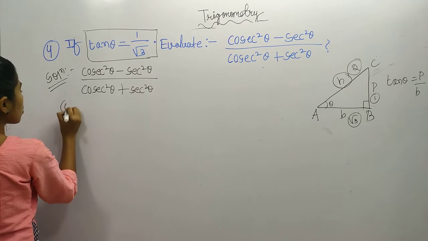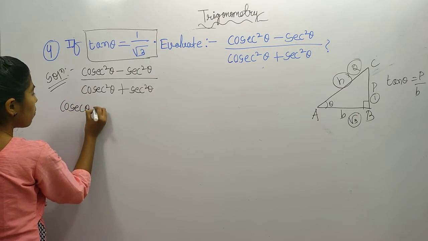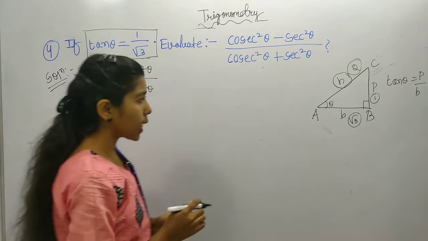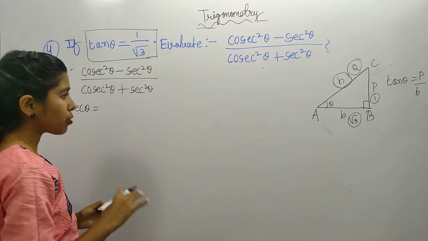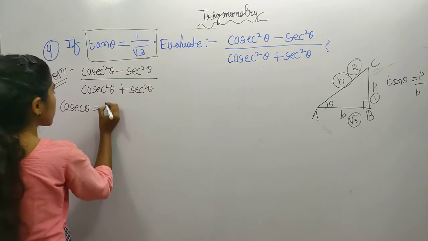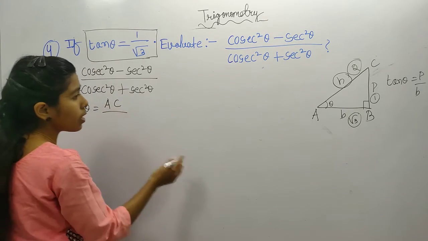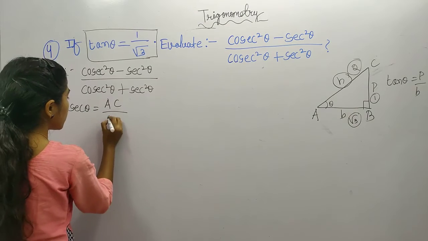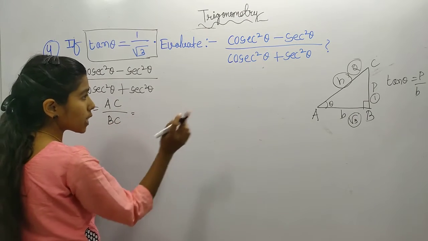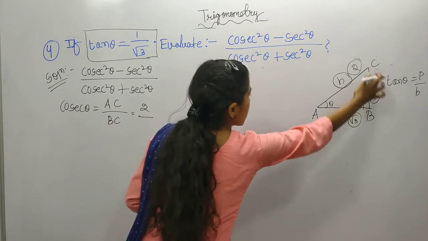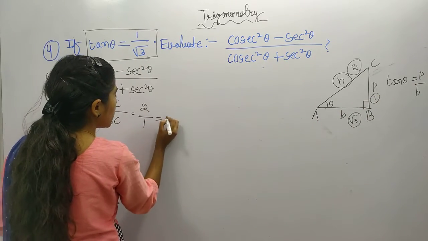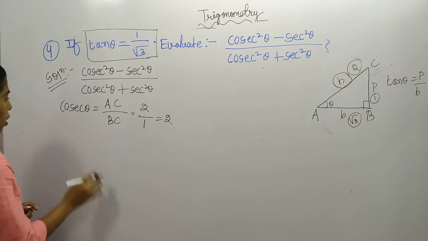Sin theta is p by h, so cosec theta is hypotenuse by perpendicular. Hypotenuse AC is 2, perpendicular BC is 1. 2 by 1 means 2. Cosec theta value is 2.